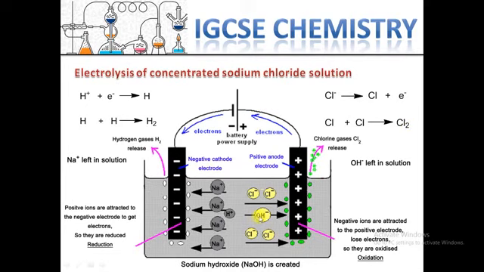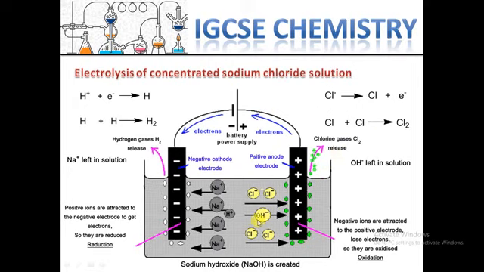So between hydroxide and chloride ions, the chlorine is the winner, reacts with the anode and gives the electron.